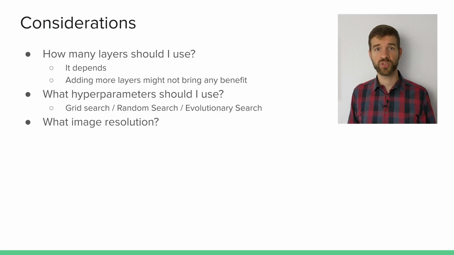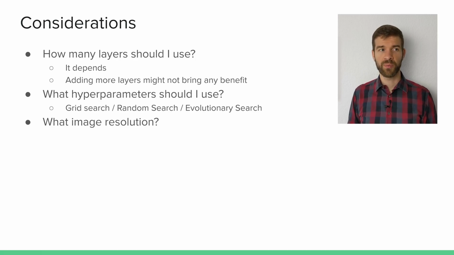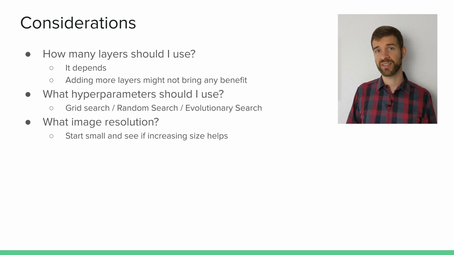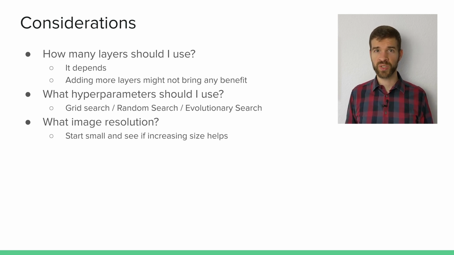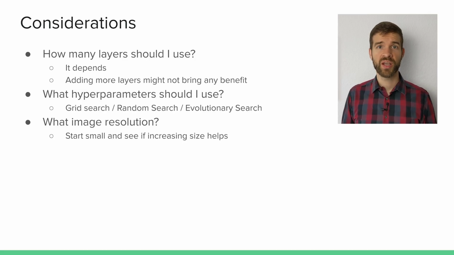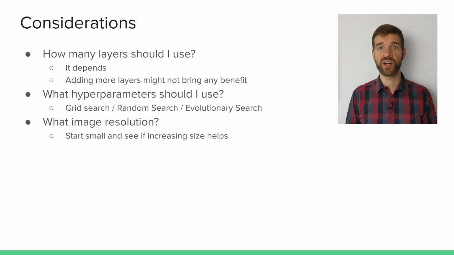What image resolution should you use when you're talking about visual computing? Well, I would recommend to start with something small and see if increasing the size helps. You should always try to start with a really small version of your input image because it's faster, and you will be able to see if it works or not. And computers are remarkable at extracting meaningful features.